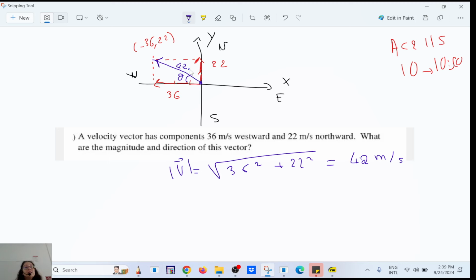It could be a projectile that you are launching with that initial speed, and then you find its X component, so how fast it's moving forward, and you find the Y component, which means how fast it's going up. Let's find that angle here.